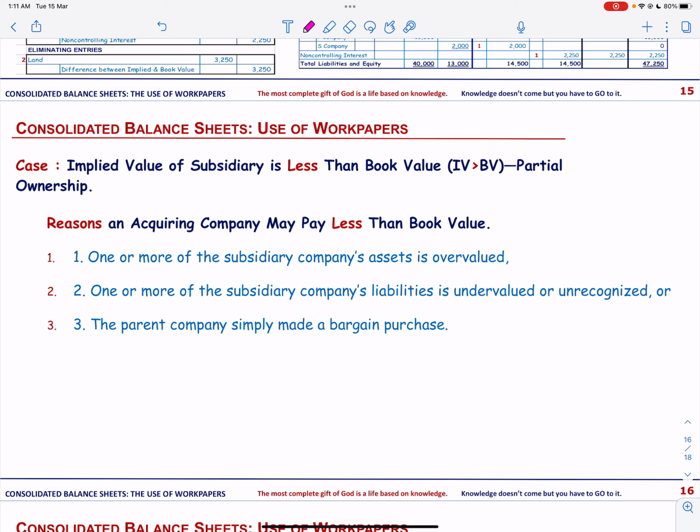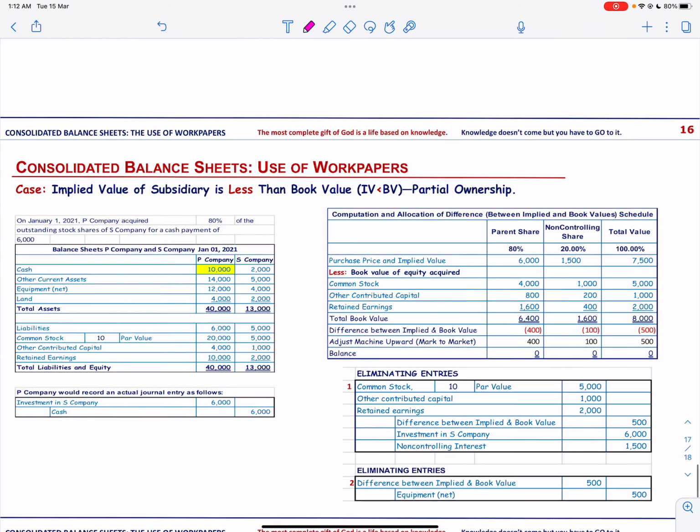Let us first look at the reasons why an acquiring company may pay less than the book value: one or more of the subsidiary company's assets is overvalued, one or more of the subsidiary company's liabilities is undervalued, or the parent company simply made a bargain purchase. Let us look into an example when implied value of subsidiary is less than the book value.